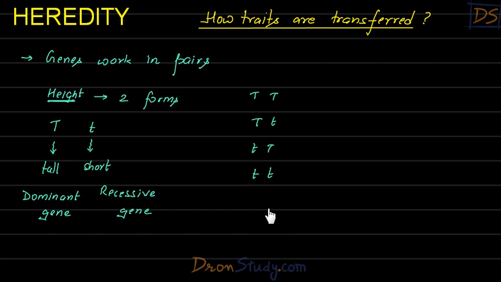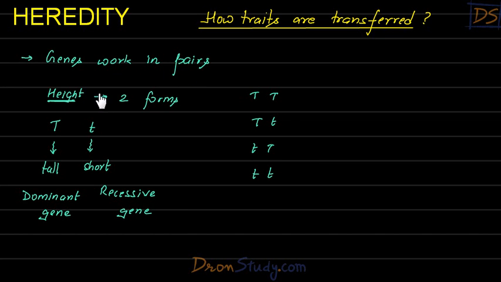So in a human being, there may be two genes related to height and both of them may be capital T. In some human beings, one may be capital T, another may be small t. Or in some human beings, both may be small t. You understand, students? So that's what I'm saying. Genes work in pairs. Right?